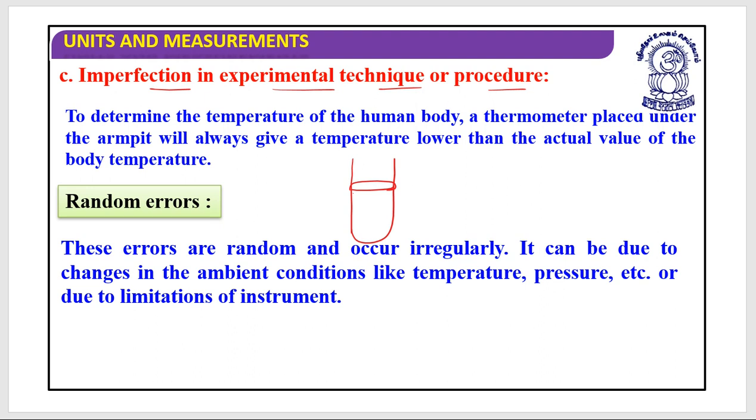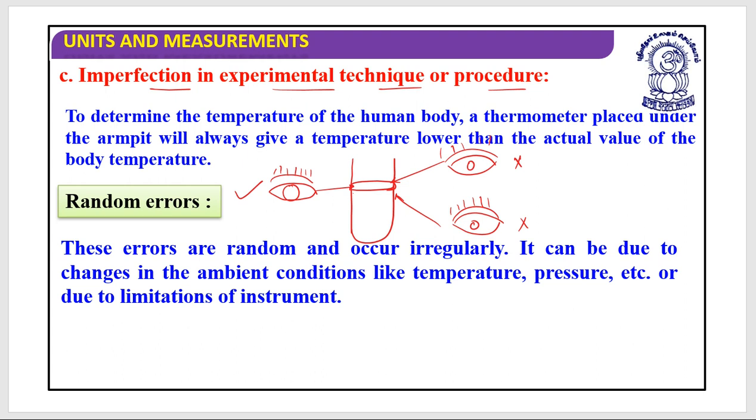The correct observation is to take the reading parallel. If you are observing from this side, the rays would not be parallel, they would be slanted. Or if you are taking an observation from this side, the rays are not parallel. So this would be the correct approach. These two are the incorrect approach.